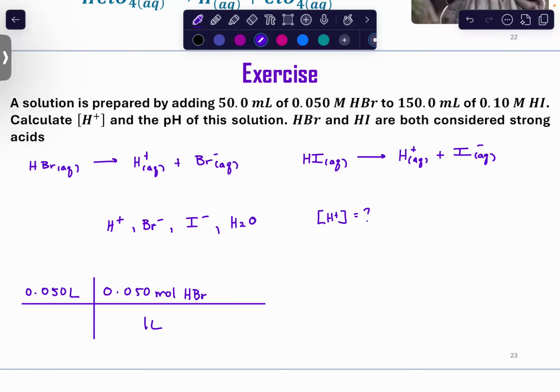And then how many moles of protons do I get? So this is fully dissociating, so there's no HBr left. It's all going to the right. How many moles of protons do I get from a mole of HBr? Yeah, 1.